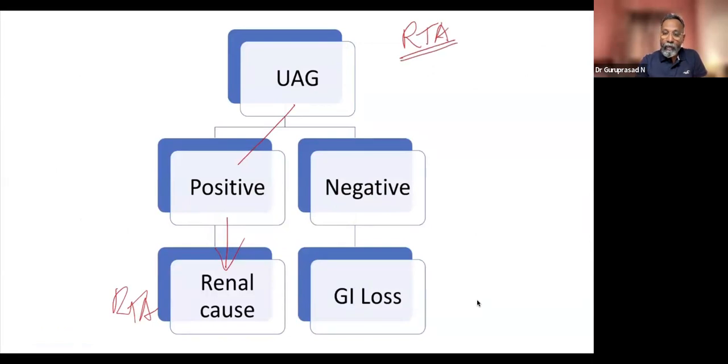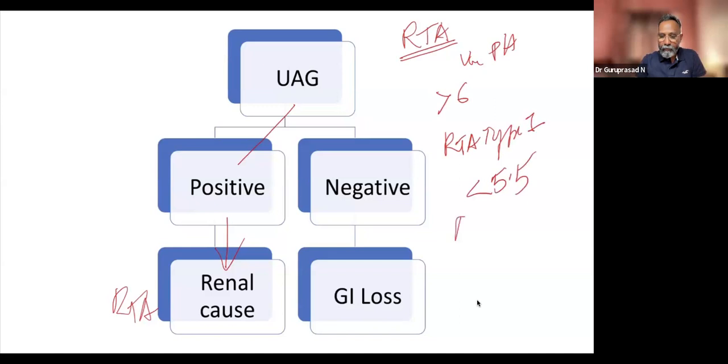Here, what you do is, next you ask for the urinary pH. If the urinary pH is more than 6, then it is RTA type 1. If the urinary pH you get is less than 5.5, or more acidic, then it is an RTA type 2.